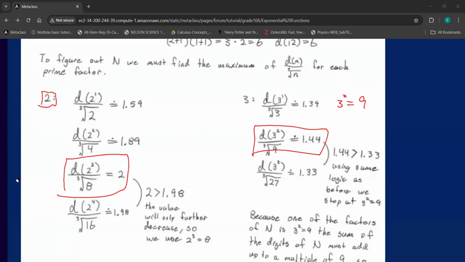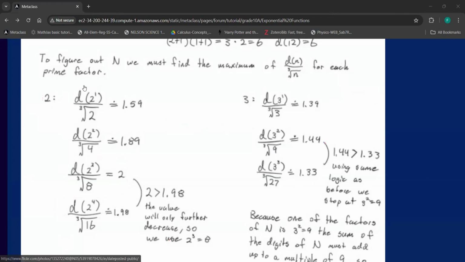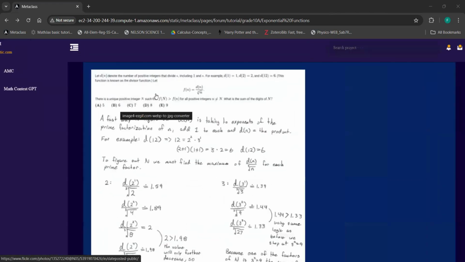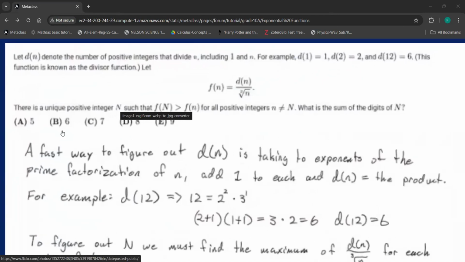If we go back to the answer choices, A is 5, B is 6, C is 7, D is 8, but E is 9. And 9 is the only number that is divisible by 9, and so therefore the answer must be E.